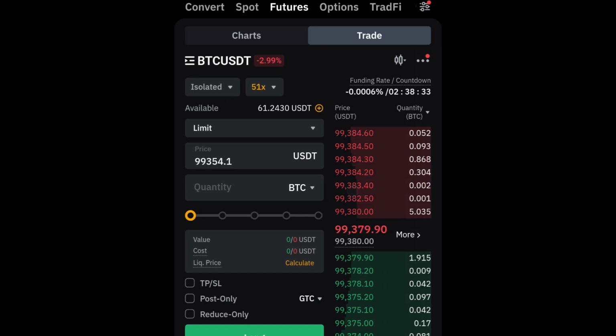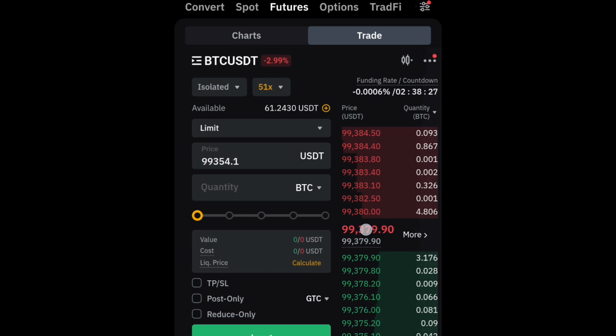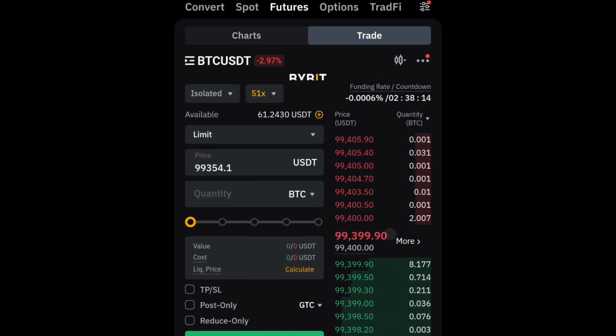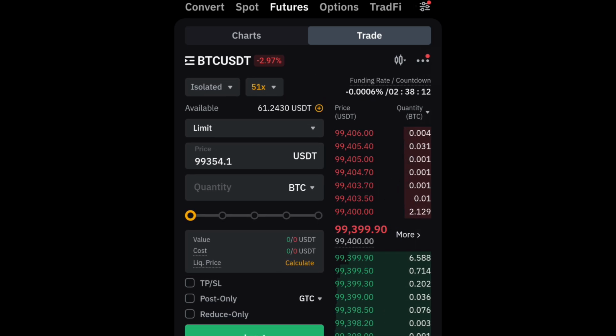This other number, which changes so often from green to red, actually reflects the price of Bitcoin. If Bitcoin goes down, it will show red. If Bitcoin goes up, it will show green. So now you understand. And in this order book right now, the selling and the buying are really different, if you look at it very well.